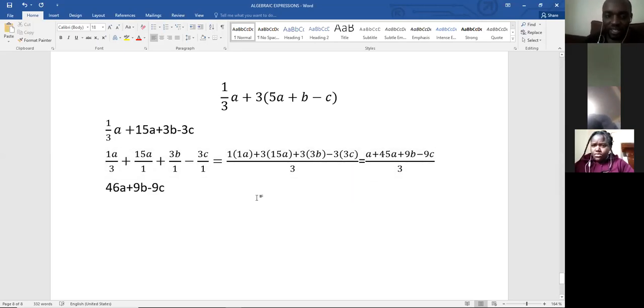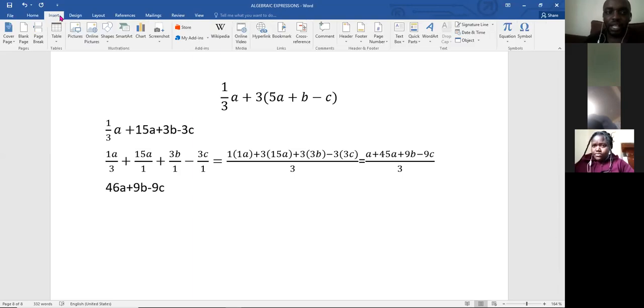Now, what does over 3 mean? The whole of this is now divided by 3. So I want to show you what it means by inserting a fraction here.